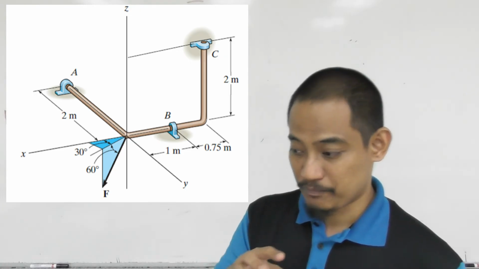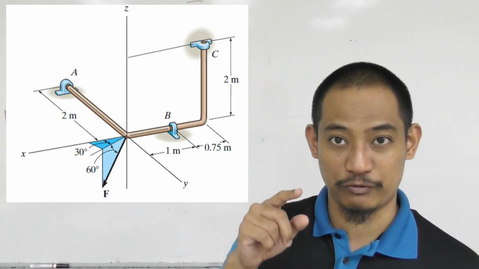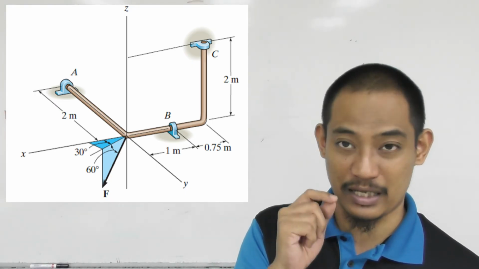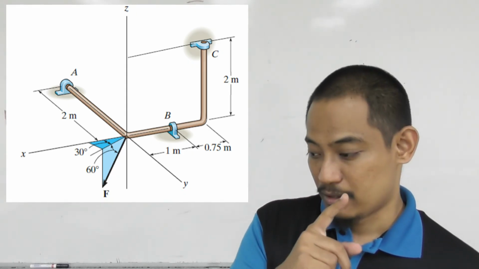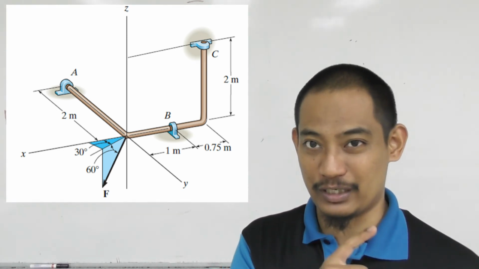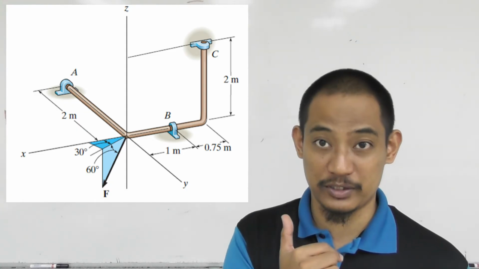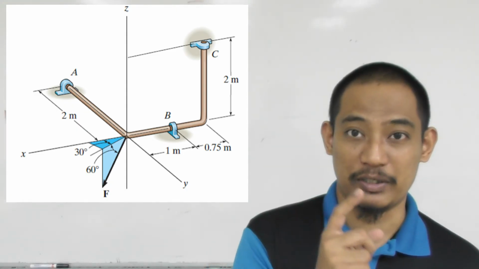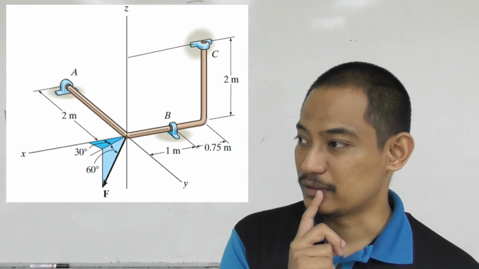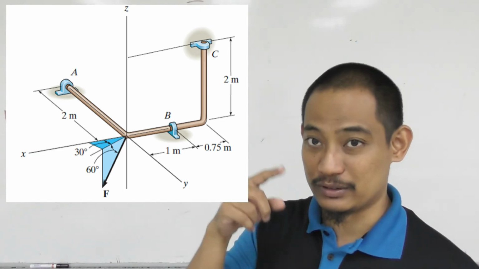However, the question says, of course, F is 800 Newton, so the question actually gives the value for F. That force F there in the diagram is not having a value, but the question says F is 800 Newton. Assume the rod is properly aligned. So this is where the understanding that we actually skipped about properly aligned comes into the picture. I'm not sure in terms of the exam because it depends on the semester, right?